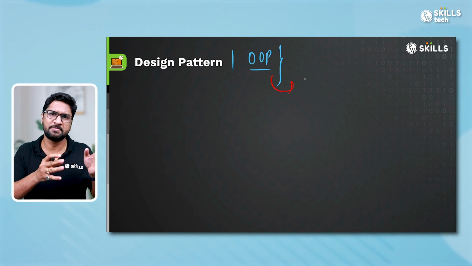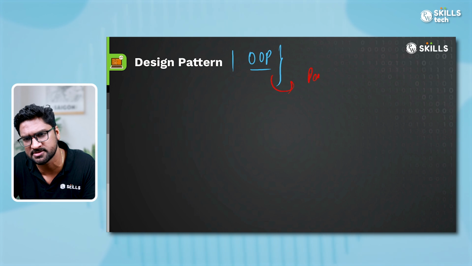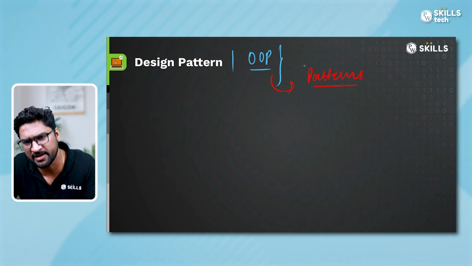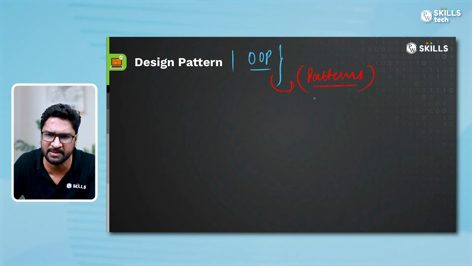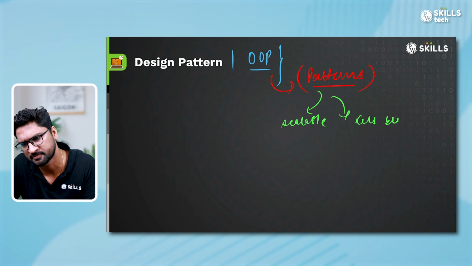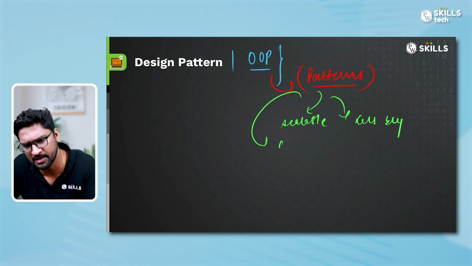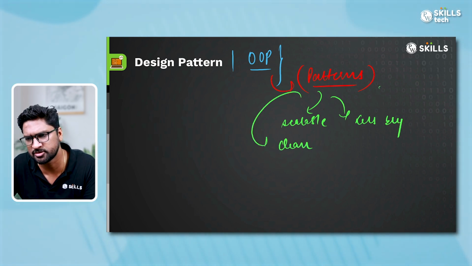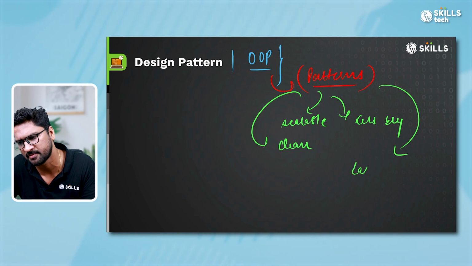And based on their experiences, they have jotted down certain patterns. When you make use of these patterns, it helps your applications become scalable. It helps your application get fewer bugs. It helps your application look clean. It helps your application become easily modifiable.